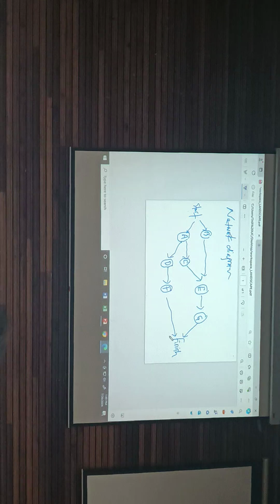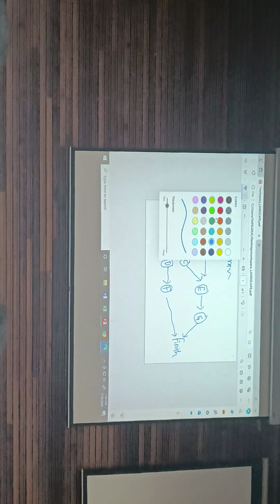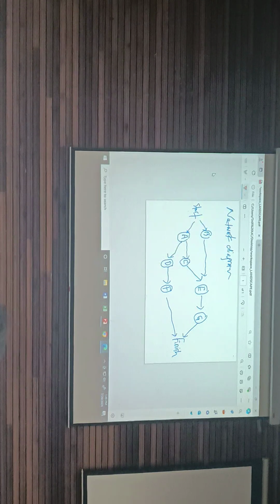So this is a network diagram if you draw it manually. This is 5.33.